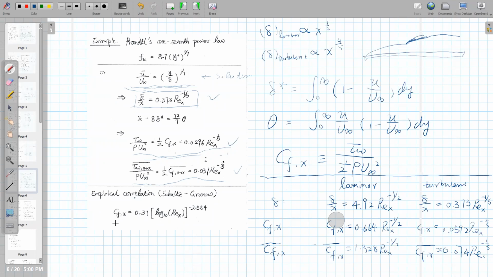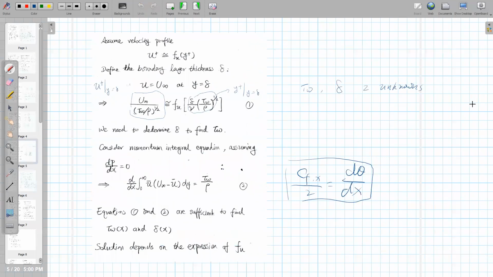This is one example, based on the experimental data, of what the friction factor on a flat plate will be. This one should be more accurate than this one. The reason we're introducing it is because it's simple, and this 1/7 power law of Prandtl for the velocity distribution is used a lot in many turbulence studies for the flow near the wall.